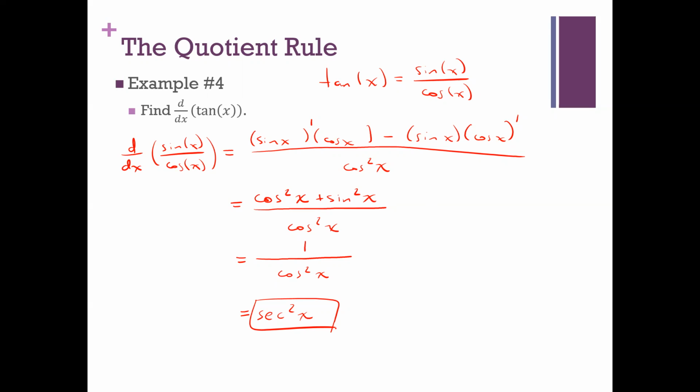Any questions I haven't got here? Derivative of tangent x is secant squared of x.